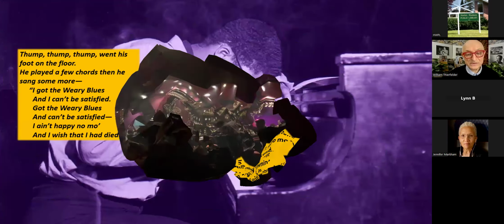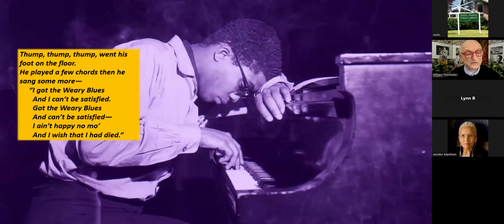Ain't got nobody in all this world, ain't got nobody but myself, has gonna quit my frowning and put my troubles on the shelf. Thump, thump, thump went his foot on the floor. He played a few chords, then he sang some more. I got the weary blues, and I can't be satisfied. Got the weary blues and can't be satisfied.